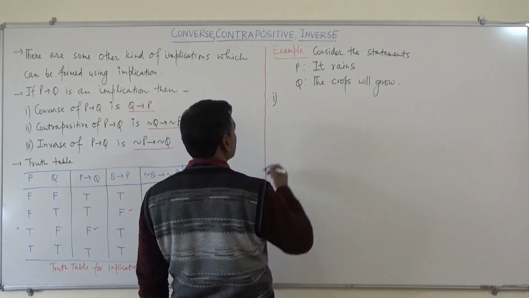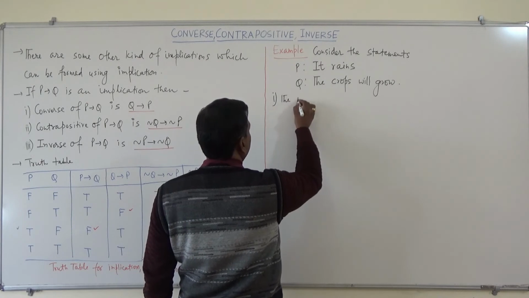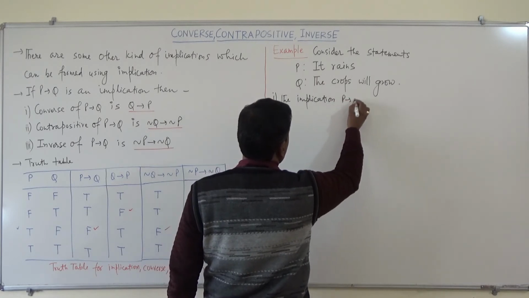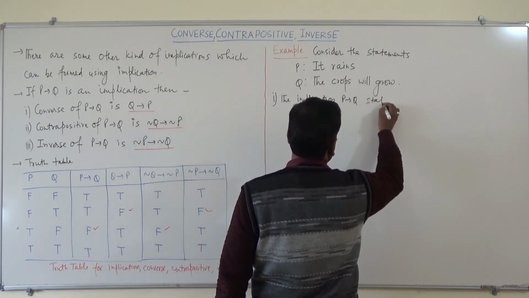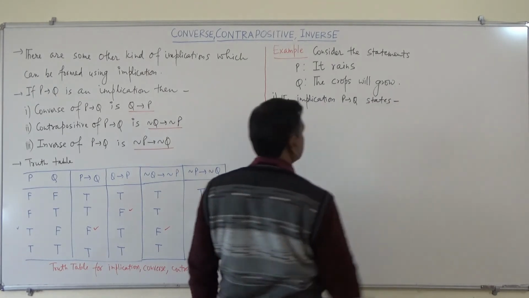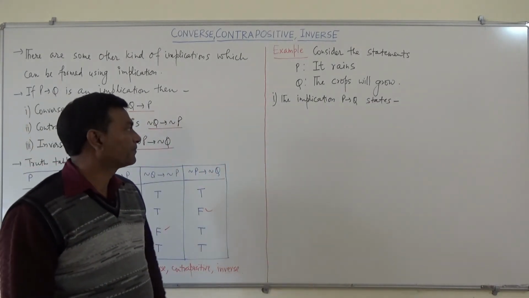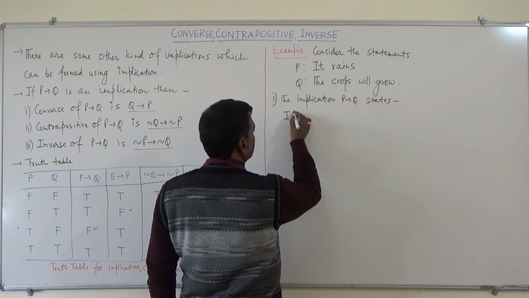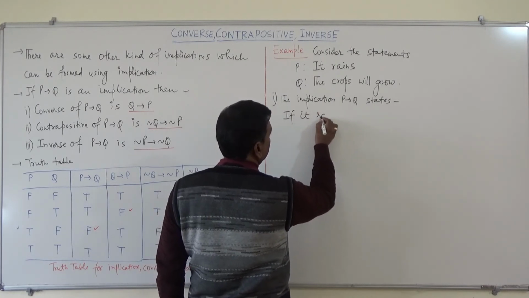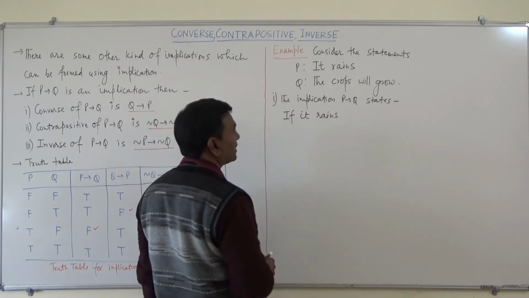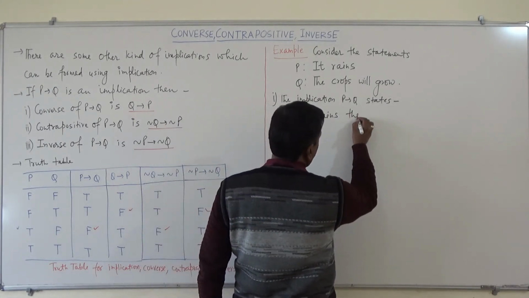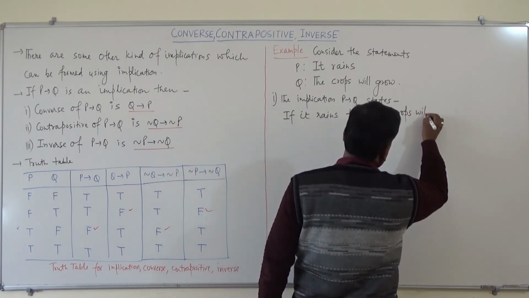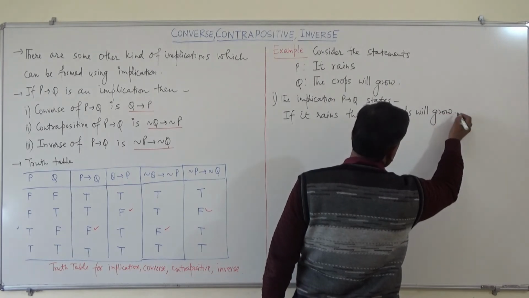First, the implication, that is P implies Q, states: if it rains, then the crops will grow.